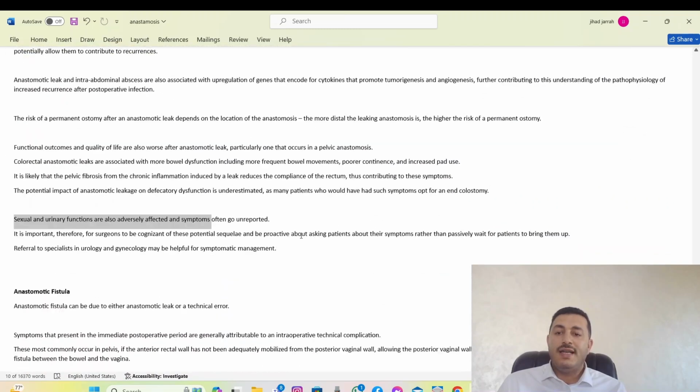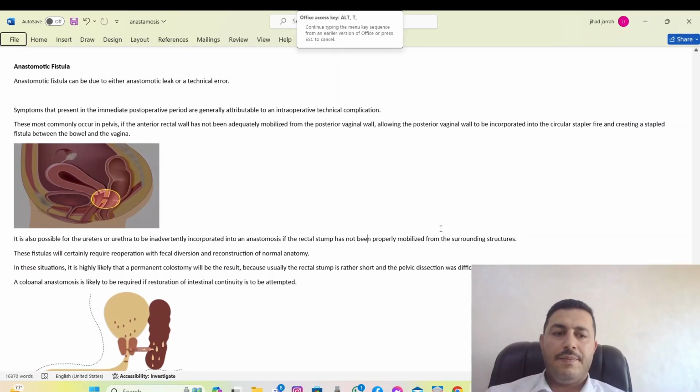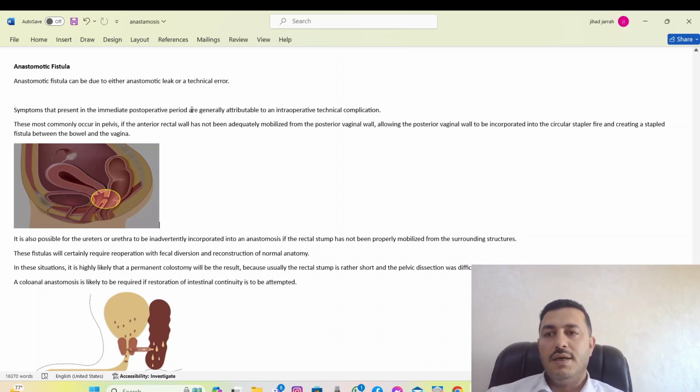Let's move a little bit to the anastomotic fistula. Okay, anastomotic fistula is one of the complications of the anastomosis, and it can be due to leak if it is a late fistula, or if it's an early fistula, due to technical error.